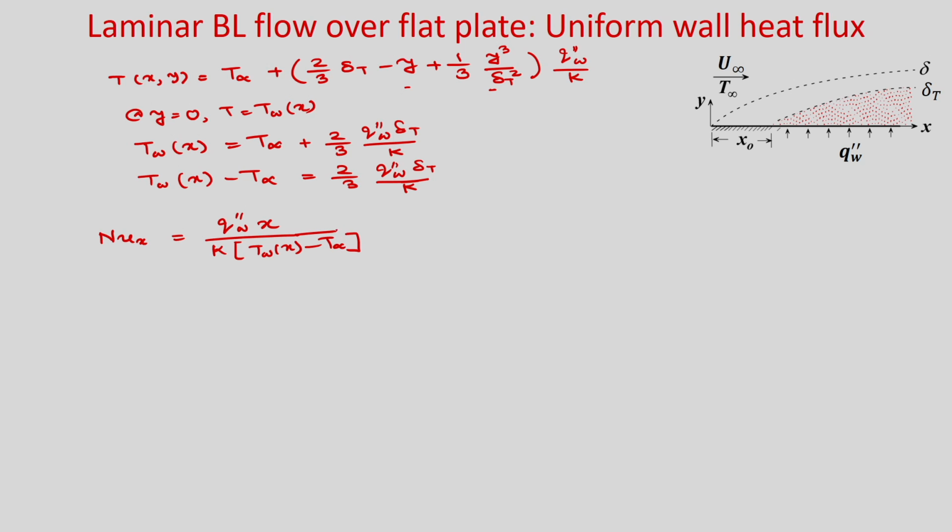If you put this expression for T w(x) minus T infinity, you will get q double prime w x divided by k, over 2 by 3 q double prime w delta T by k. So, you can cancel q double prime w, then k and k. Finally, you can write this Nusselt number as 3 by 2 x by delta T.